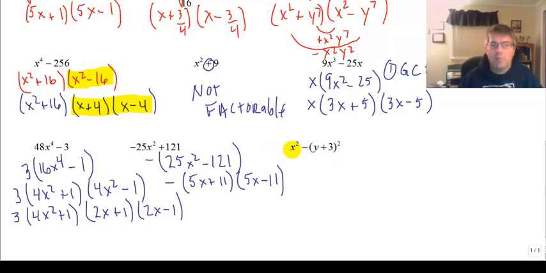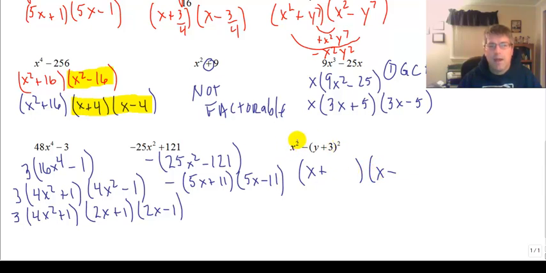And our final sample problem, x squared minus y plus 3 quantity squared. Well, this is a difference of two perfect squares. Anything quantity squared is a perfect square. So this can be factored into x and x. And of course we know one is going to be plus and one's going to be minus.